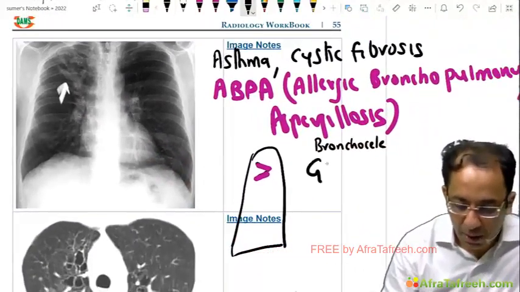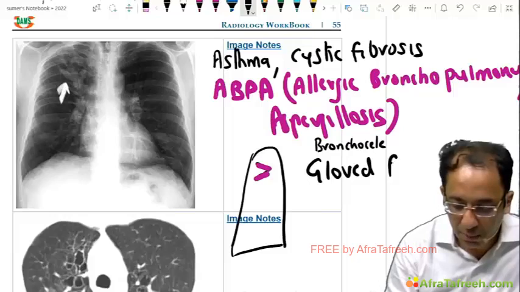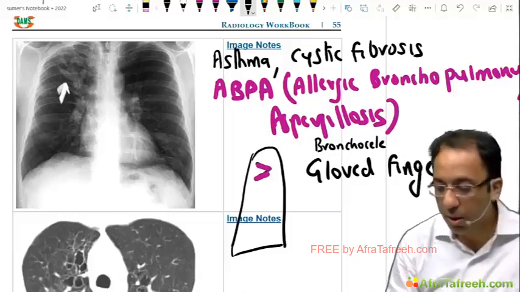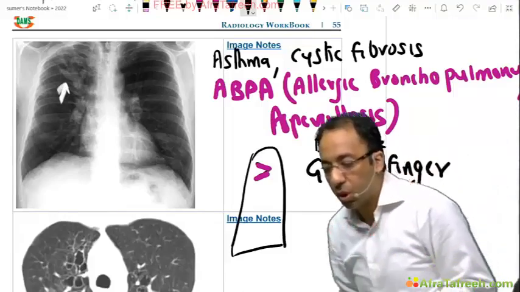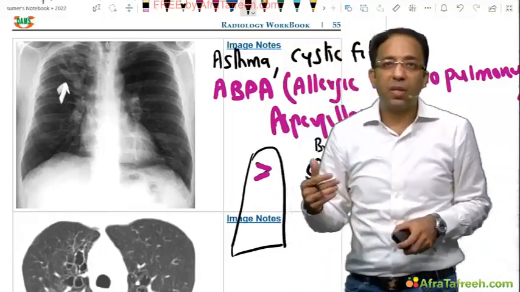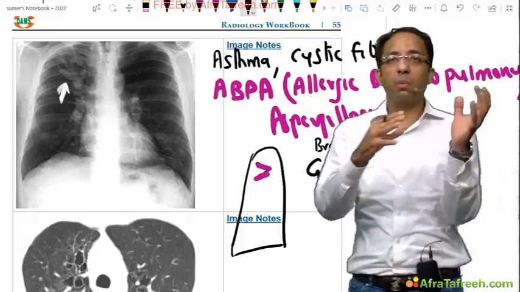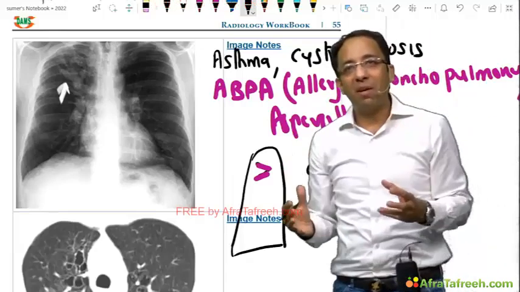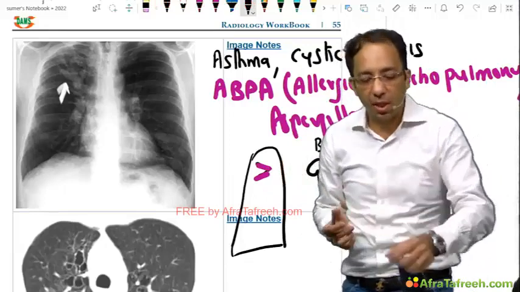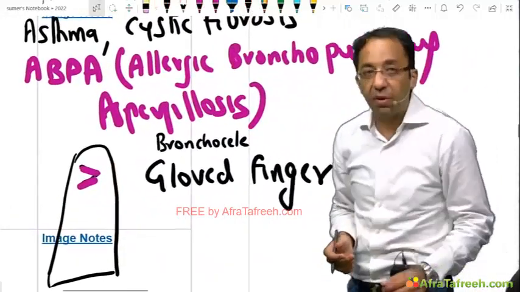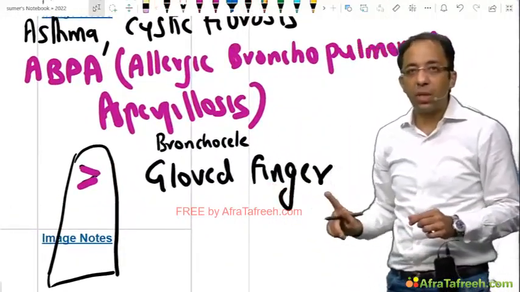So in ABPA, now you know what is happening. In allergic bronchopulmonary aspergillosis, because of the allergic process, the bronchi become plugged with mucus and they appear like finger-like opacities on the X-ray, which is called as gloved finger appearance. Everybody understands?